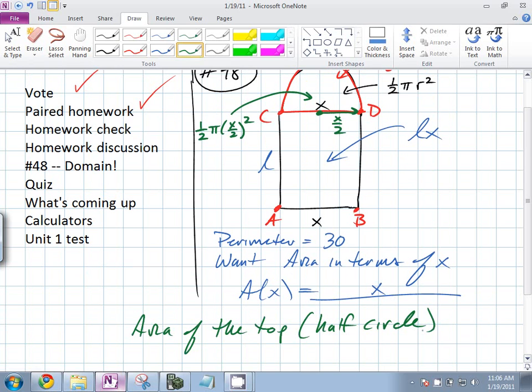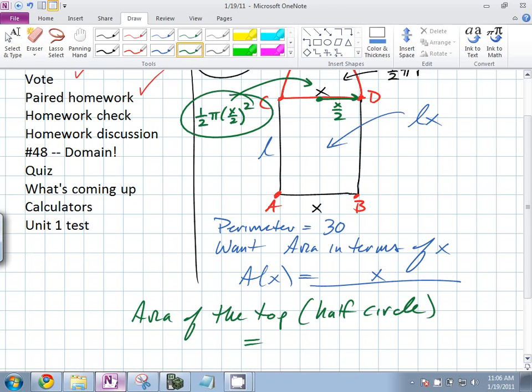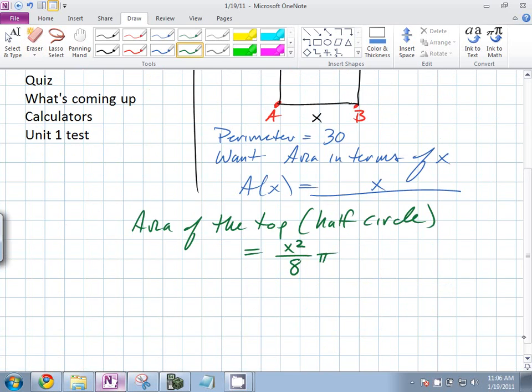What's that area if you multiply it out? x squared over 8 pi. And we know the area here is Lx. So right now, what's the whole area? Plus xL. I like writing xL better. That's fine. Sean, thank you.